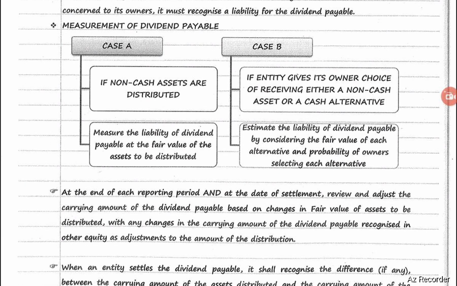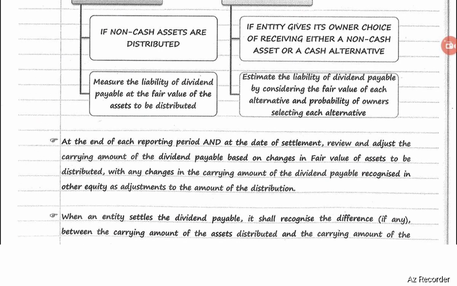At the end of each reporting period and at the date of settlement, review and adjust the carrying amount of dividend payable based on changes in fair value of the assets to be distributed, with any changes in the carrying amount of the dividend payable recognized in other equity as adjustments to the amount of the distribution. When an entity settles the dividend payable, it shall recognize the difference, if any, between the carrying amount of the asset distributed and the carrying amount of the dividend payable in profit or loss.